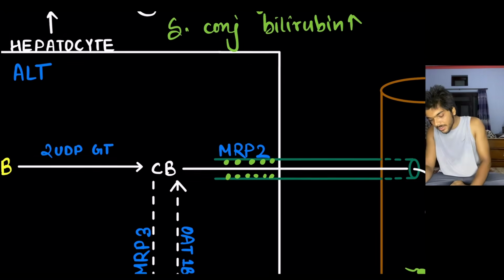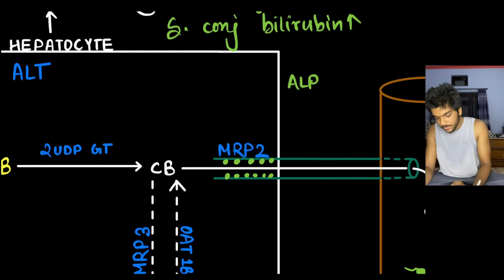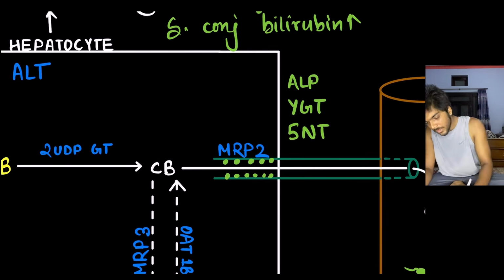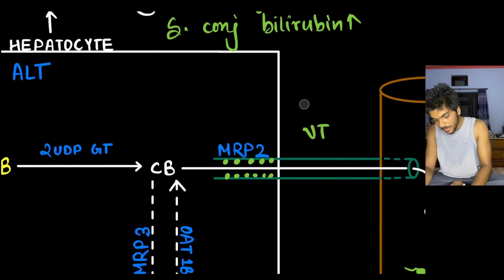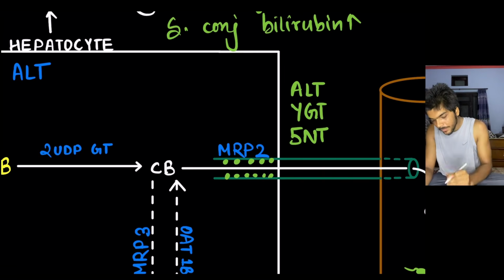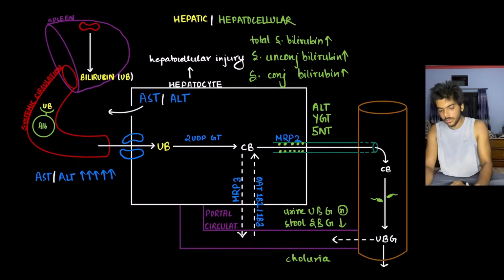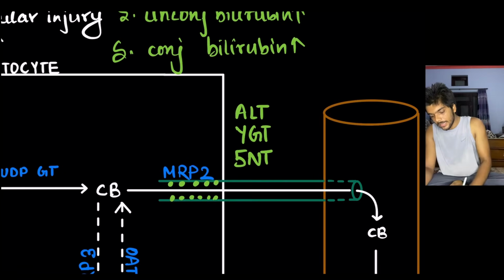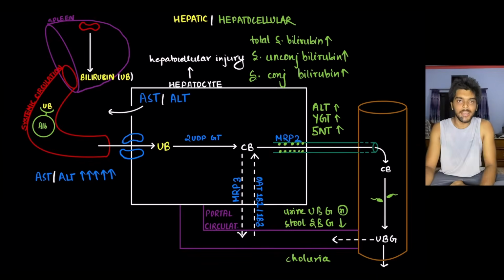And these are ALP, gamma glutamyl transferase, and 5-NT. So there is an increased level of ALP, gamma GT and 5-NT as well.